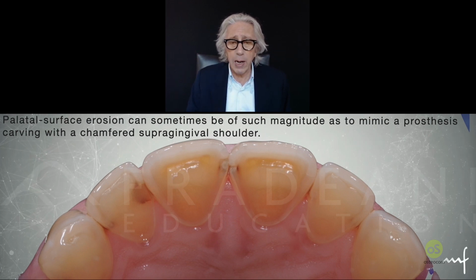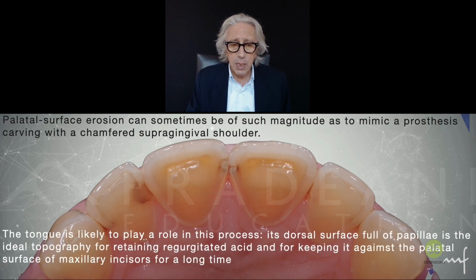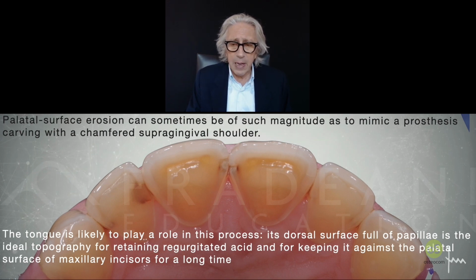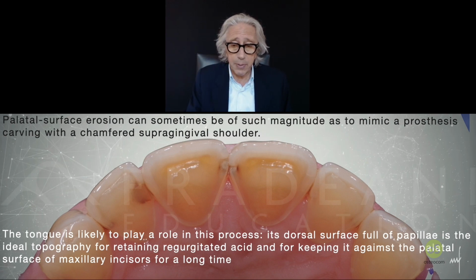In this way you are creating this kind of chemical erosion, and that is very important to understand. So the tongue is likely to play a role in this process. The dorsal surface, as I said, is full of papillae, so this topography is perfect for retaining the regurgitated acid and keeping it against the palatal part of the upper incisors.